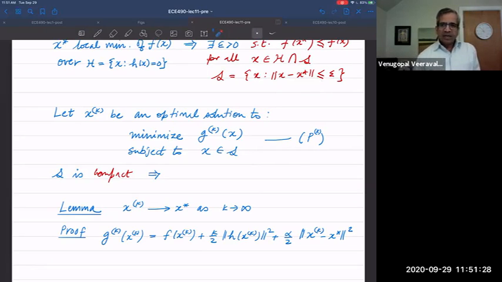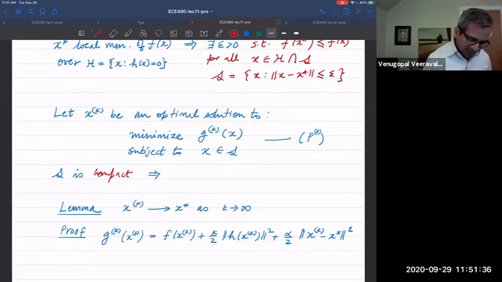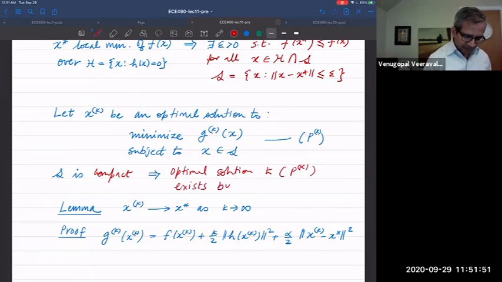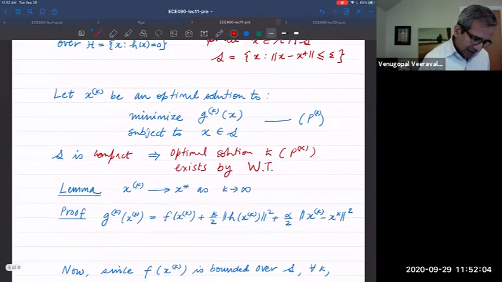So if I have a closed and bounded set, which is compact, then there is an optimal solution to P_k, which exists by Weierstrass's theorem. Okay, so I know that there's a solution, and I'm going to call that x_k.